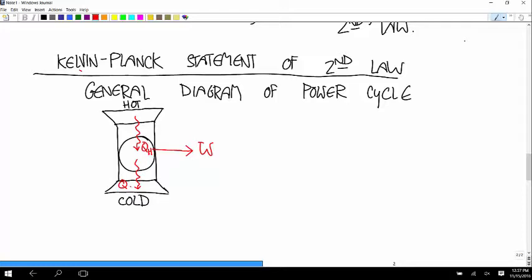And I'll call that Q sub C. And the Kelvin-Planck statement says Q sub C can't be equal to 0. You can't get all the heat to just be transferred out as work.